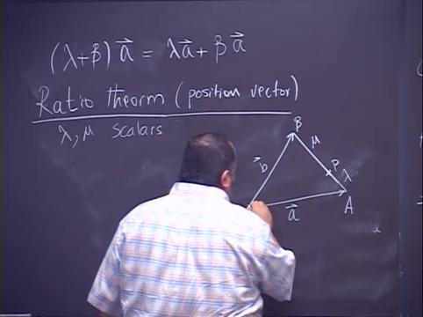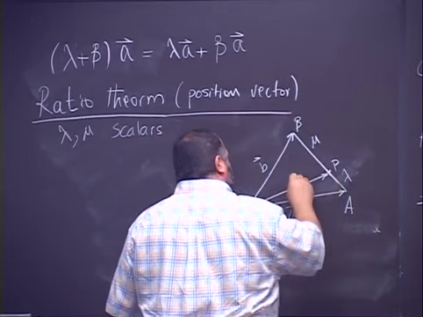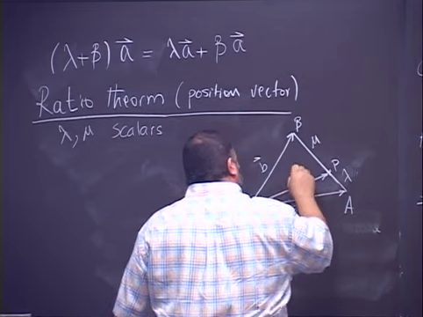Then the position vector for the point P will be the vector P here.